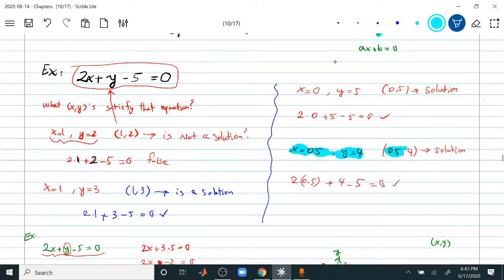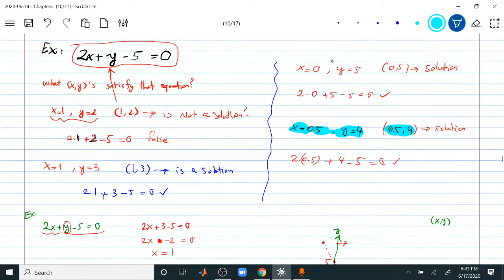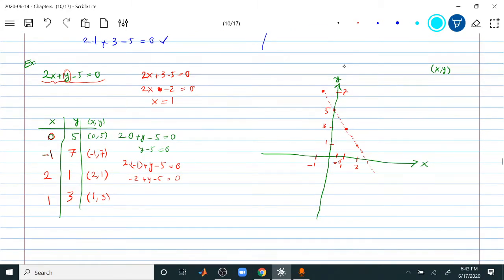We said (0.5, 4) satisfies the equation, therefore it is a solution. So (0.5, 4) is somewhere here. If you pick 0.3, you will find the point on this line. And if you connect all those points, you create a straight line.